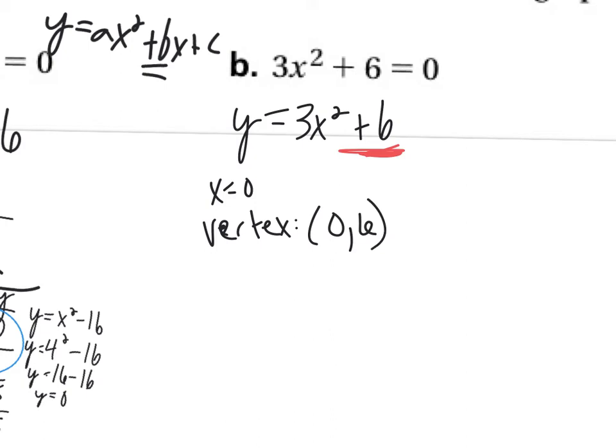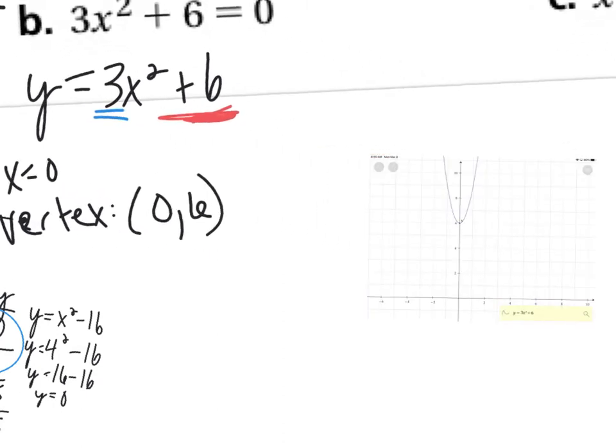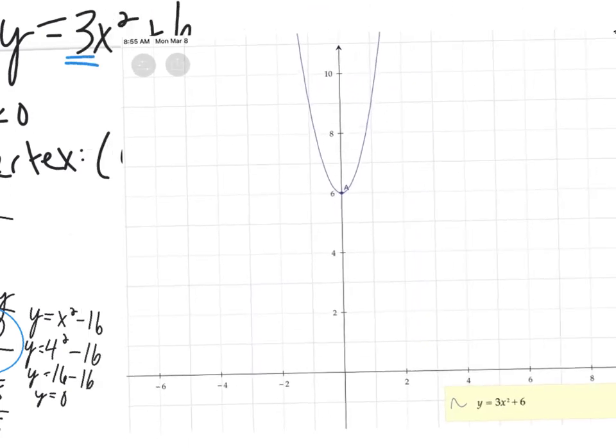So if our vertex is at 0, 6, another thing to think about is what direction this graph is opening. Since this is a 3x squared, since that's a positive a value, it's going to be opening up. So our vertex is at 0, 6. It's opening up. And so its graph is going to be looking like this.